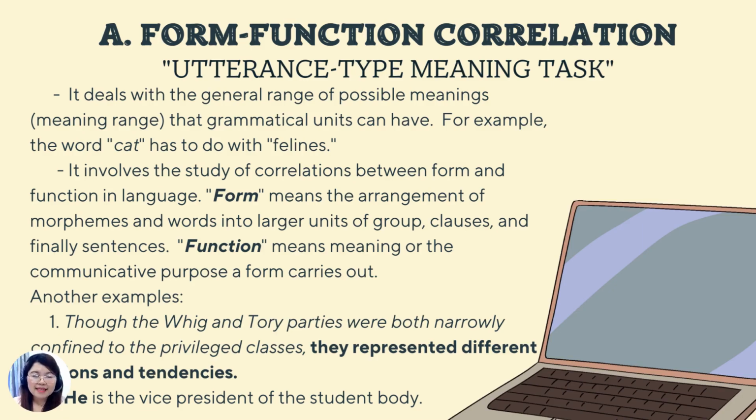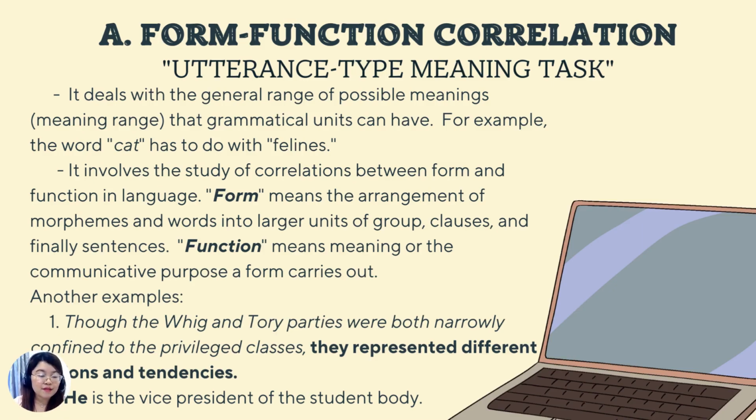However, many times or most of the time, the information in the sentence alone isn't sufficient, isn't enough. So knowing the form-function correlation or the utterance type meaning isn't enough to know what someone is saying in a particular situation. So let's try to have the second example. Let me read it to you. He is the vice president of the student body.